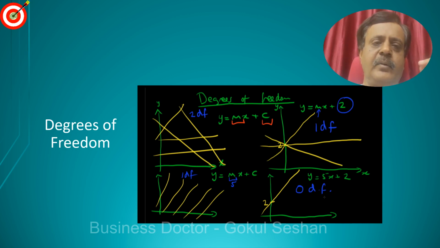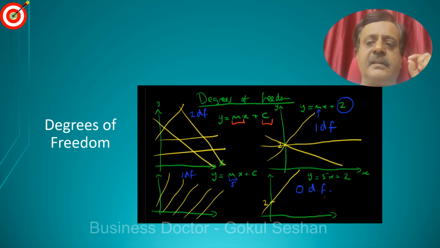X comma y will always depend on 2 degrees of freedom. Whereas in the top right scenario, where y is equal to mx plus 2, because 2 is fixed, m is the only degree of freedom, so the number of degrees of freedom that function has got is 1.